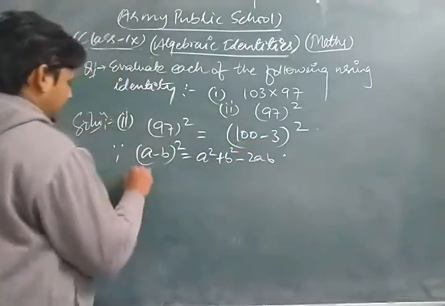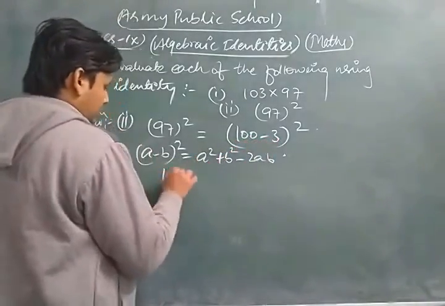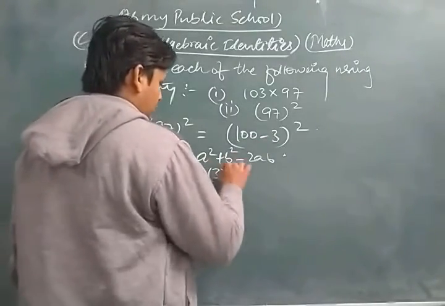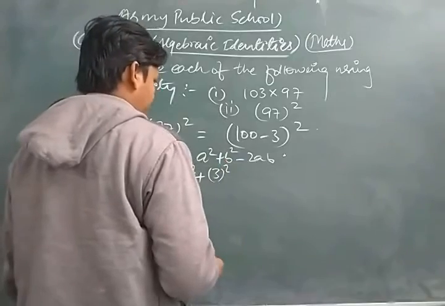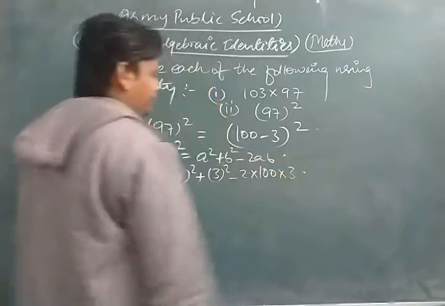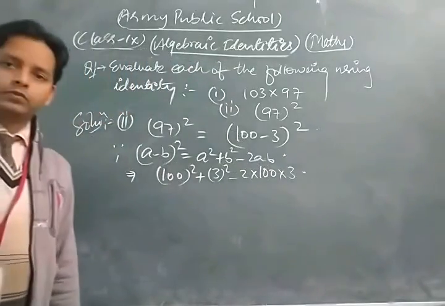So now we can write a square plus b square minus 2ab, that is 100 square plus 3 square minus 2 into 100 into 3.